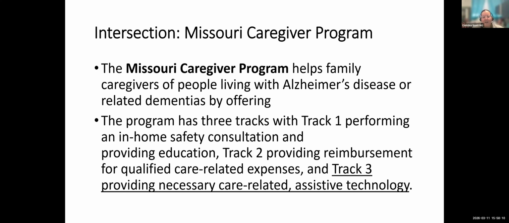Someone comes in, looks at what your setup is, what you have going on, what sort of supports you feel you most need as your person with dementia's disease progresses and things like that, and provides that training, that contact point, and then helps figure out if there are other services that they could benefit from.